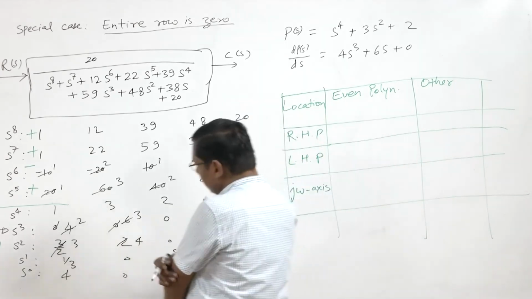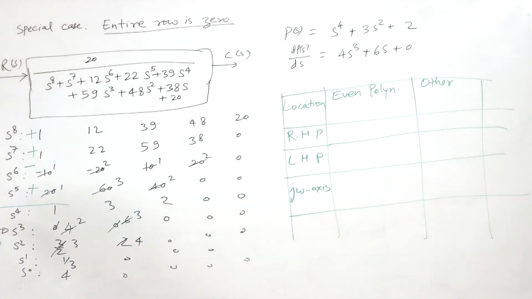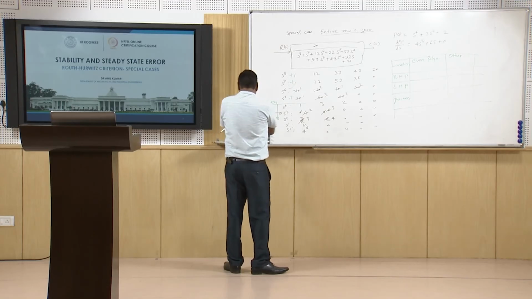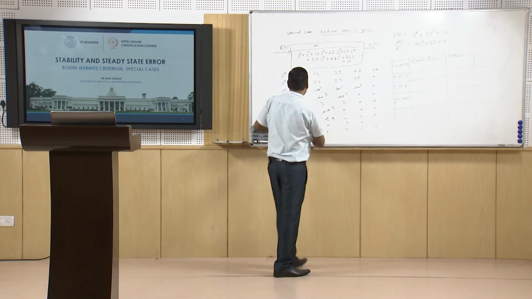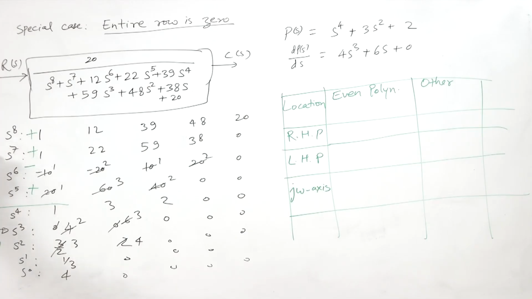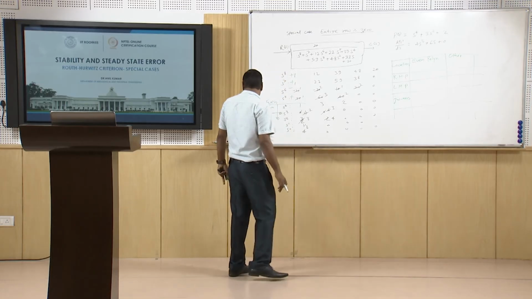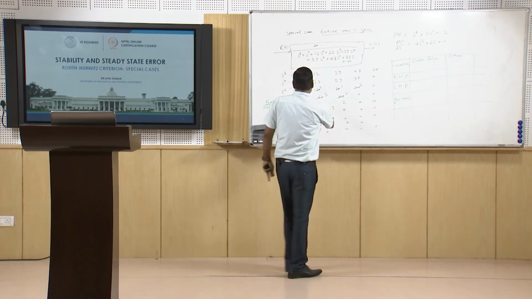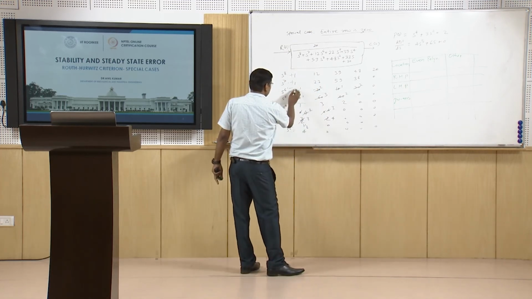So here we see that 4 roots are from the even polynomial and 4 roots are others. So we see that out of these 4 there are 2 sign changes.